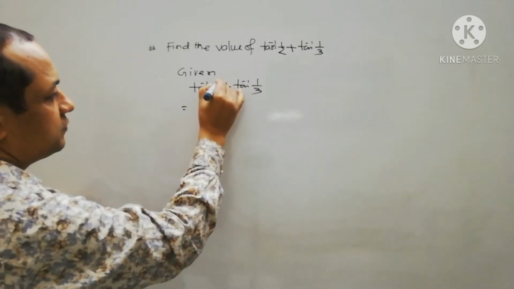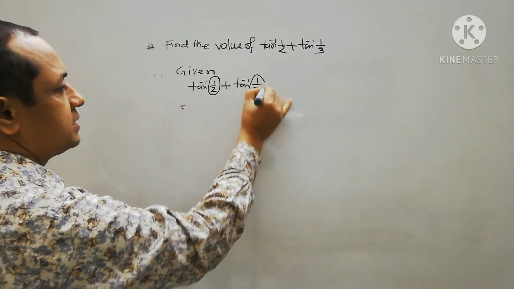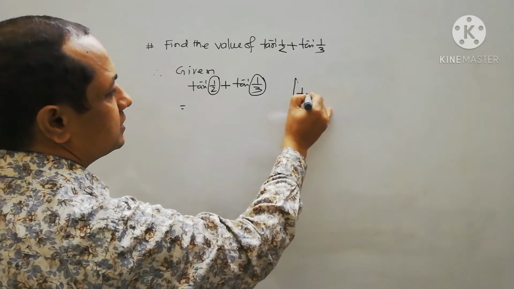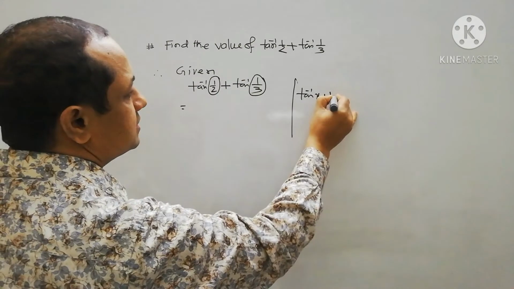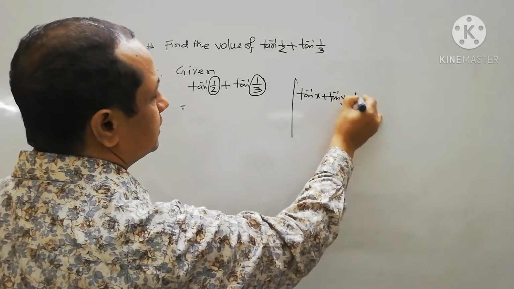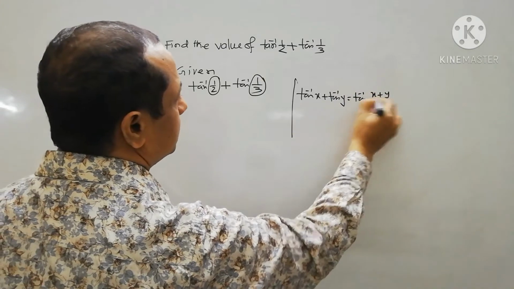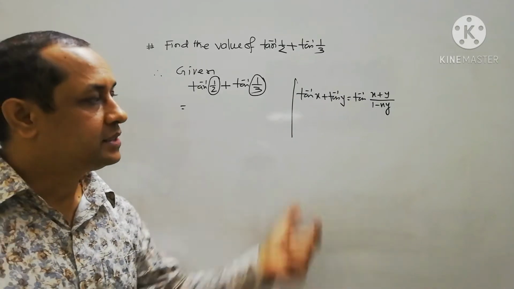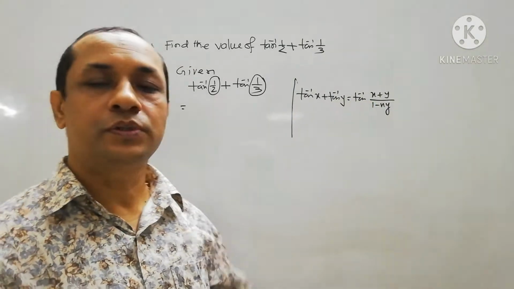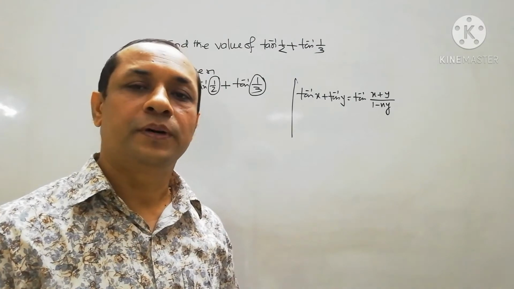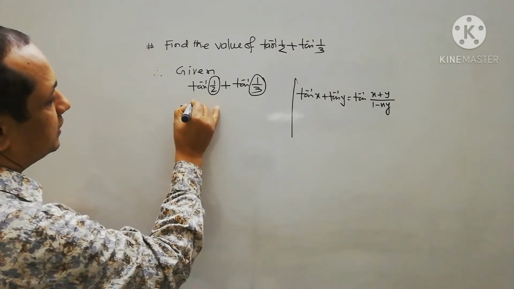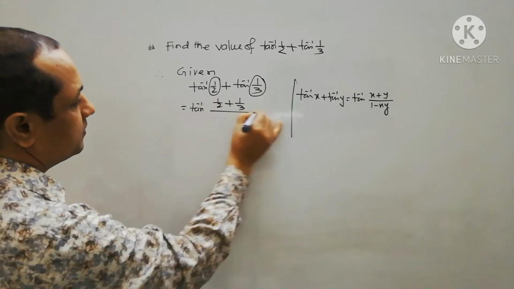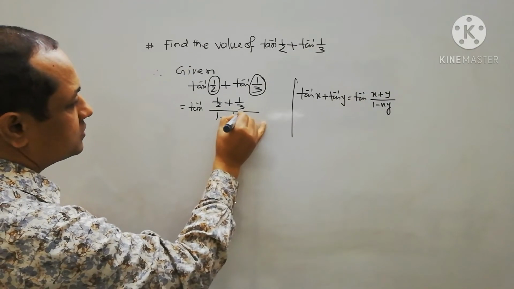So student, using the formula tan inverse x plus tan inverse y, we know that tan inverse x plus tan inverse y equals tan inverse of (x plus y) by (1 minus xy).